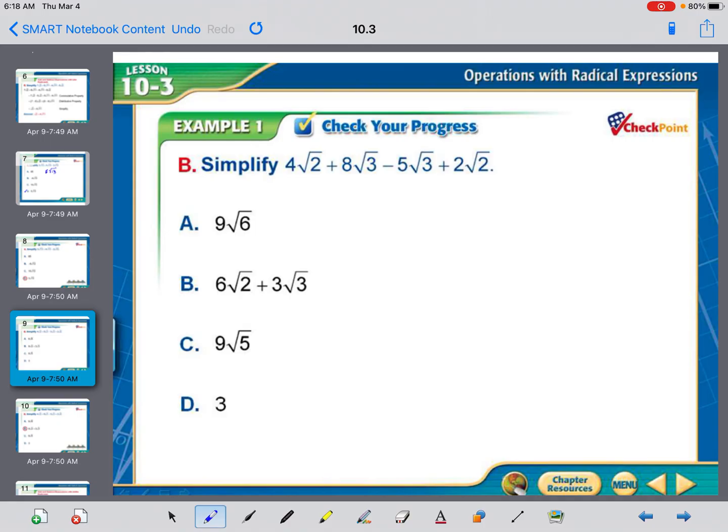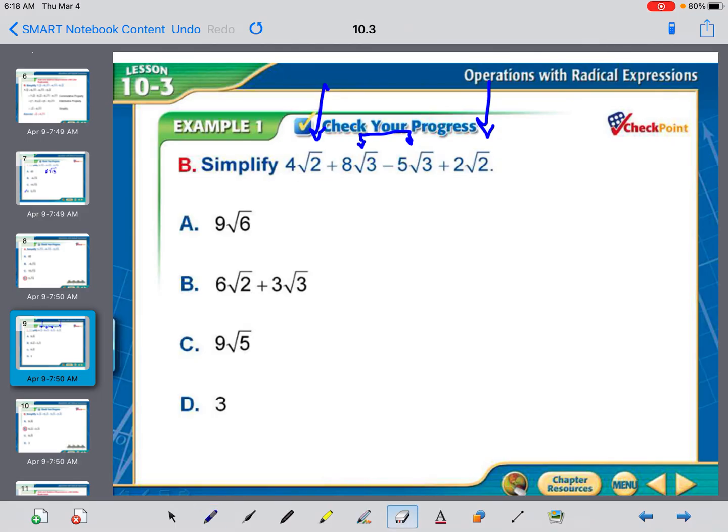These are not all like radicals. They are not. But we'll put together the ones that are. And I hope you see that those are and that those two are like radicals. So we'll put together, like I said, the ones that are like.